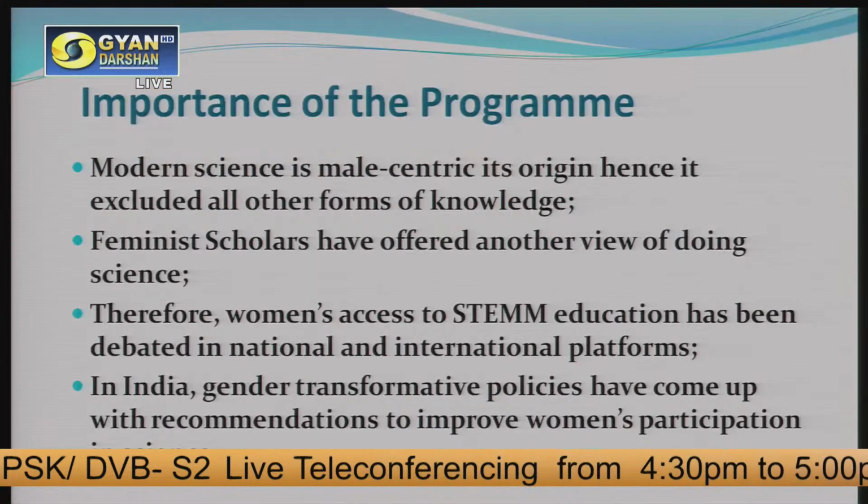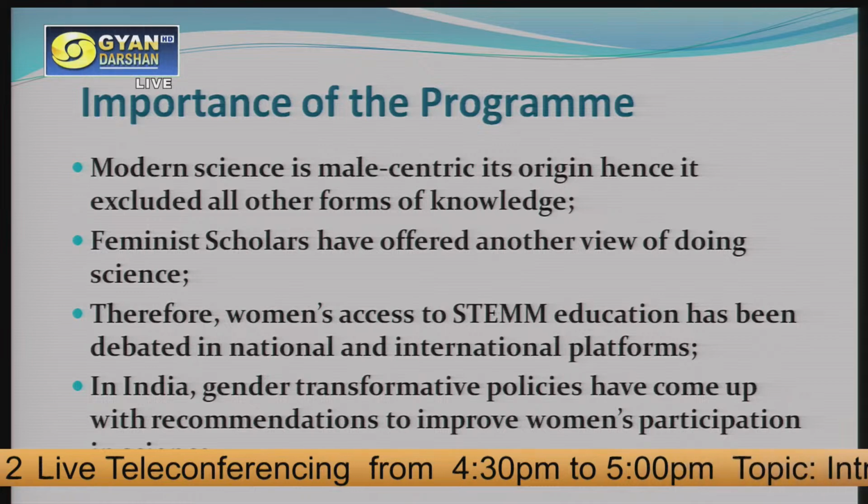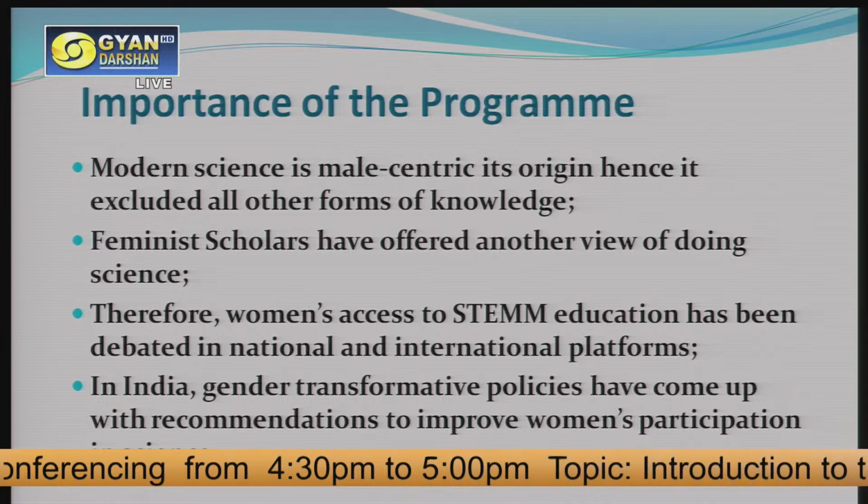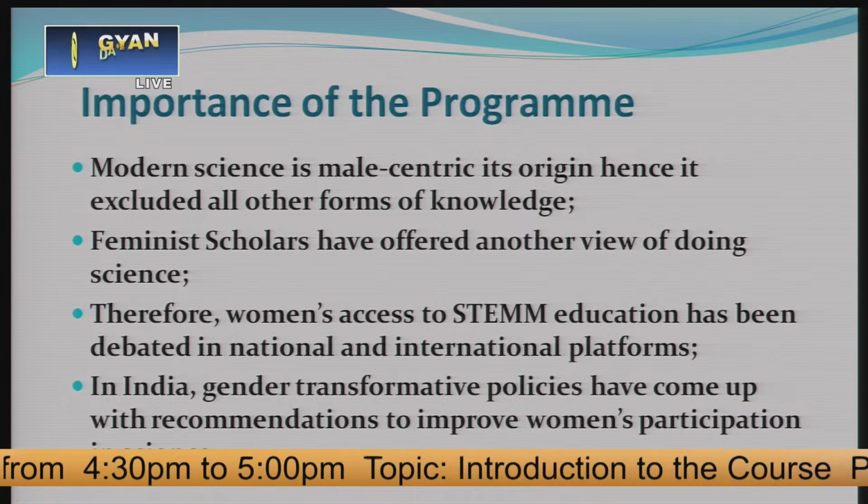Feminist scholars offered an alternative perspective to understand the gender and science intersection. As a result of both policies and the intervention by feminist scholars, women's access to STEM education is increasing over a period of time.